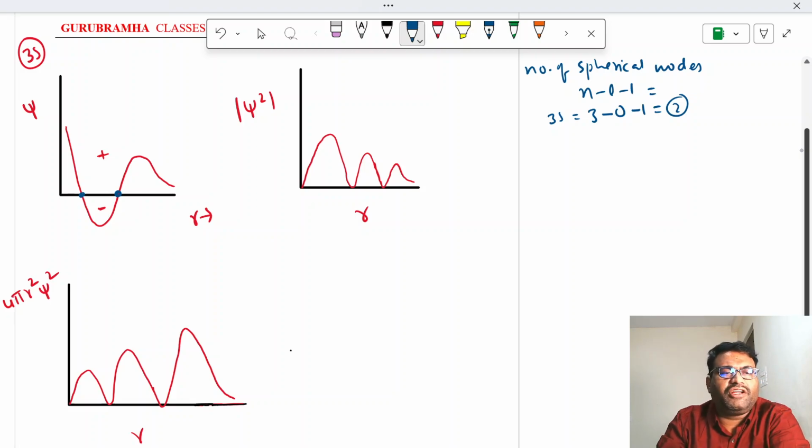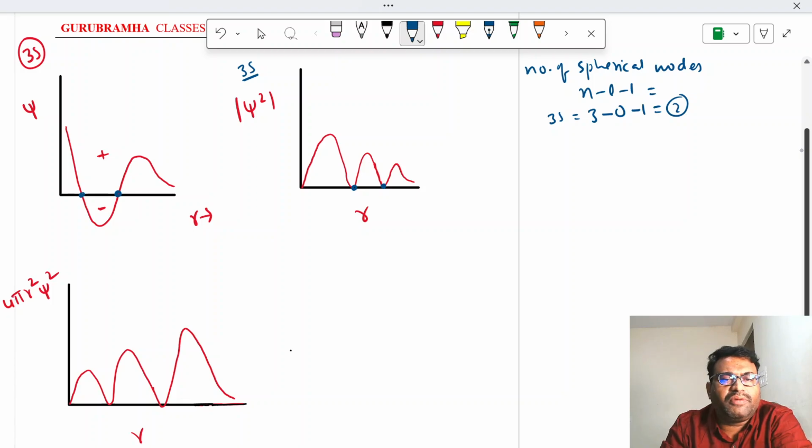But when you are drawing the graph between psi square and r for the same 3s orbital, see how many nodes you are finding? 2 nodes and 3 curves, 3 peaks.